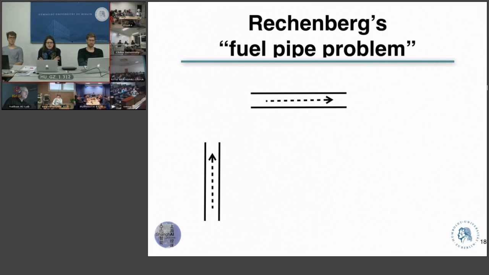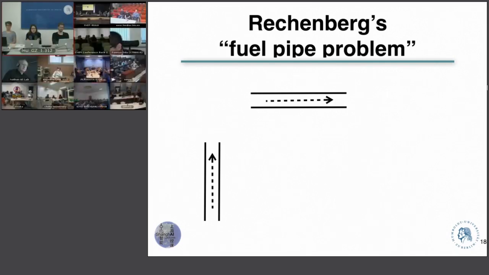Does anybody have an idea how you would connect these two pipes to minimize turbulences? Maybe a curve? A curve, yeah. What kind of curve? Maybe a quarter circle? Yeah, something like that. Okay.